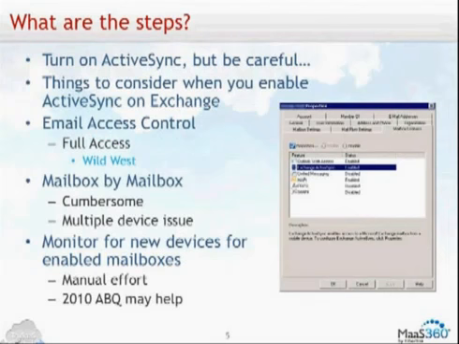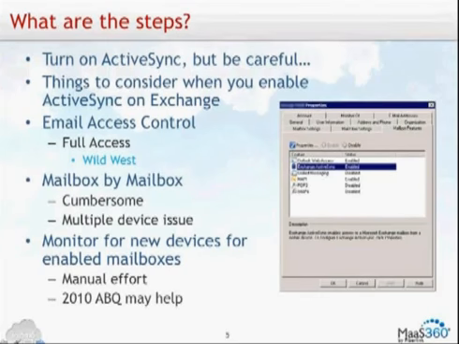So jumping into some of the steps to start enabling ActiveSync in your environment, it's actually quite easy. By default, it's actually on within your Exchange environment, and you do have the ability to disable it at your individual mailbox levels or throughout the organization. So this is an area where you may want to put some thought into how you want to enable the access and what the different ramifications of different approaches are.